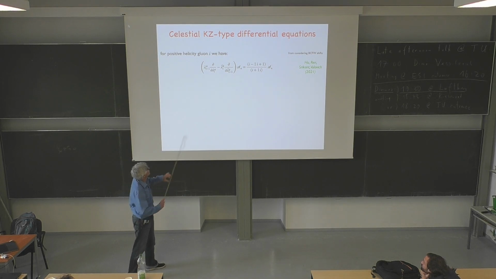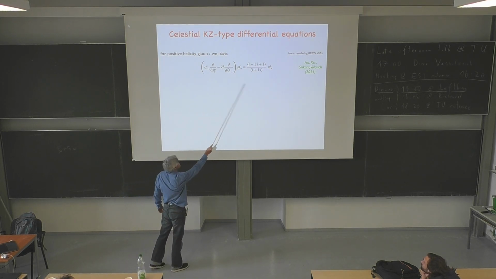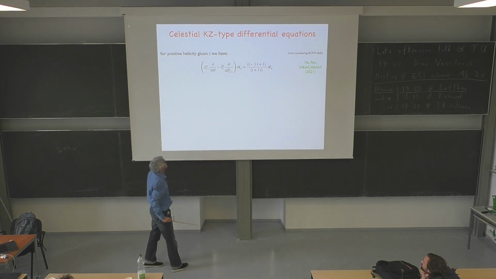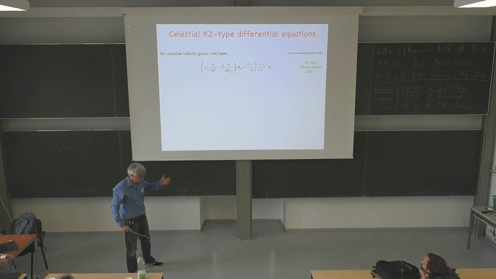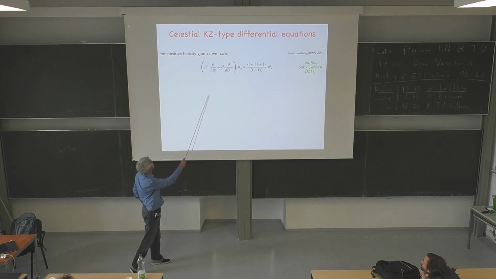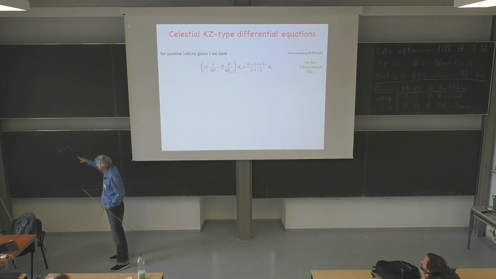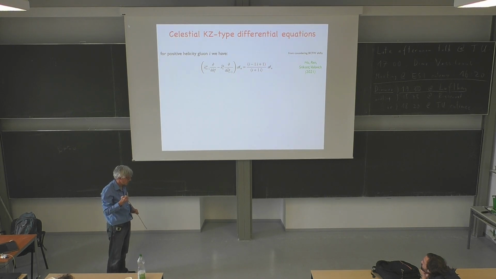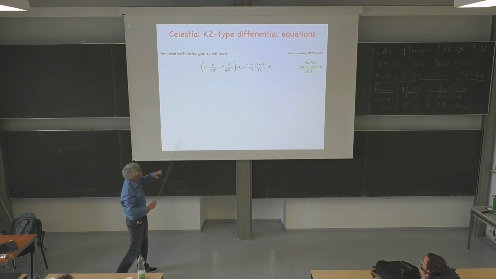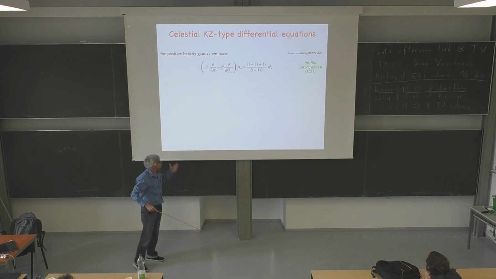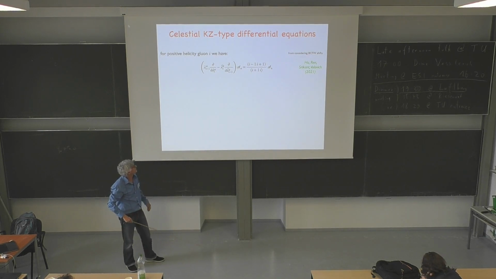You can easily derive this differential equation, for which I didn't introduce the notation. This is helicity, related to writing the Lorentz vectors in the spinor helicity basis. Don't worry about what it is exactly.